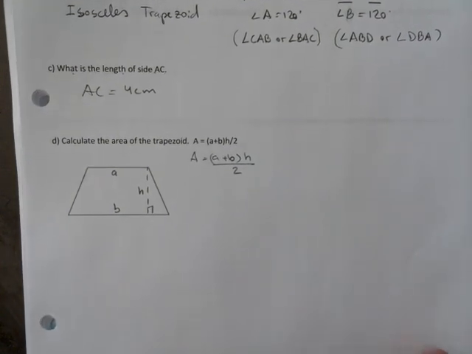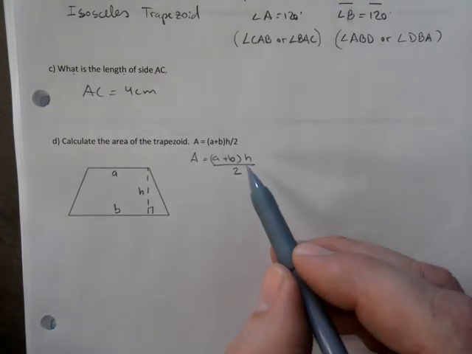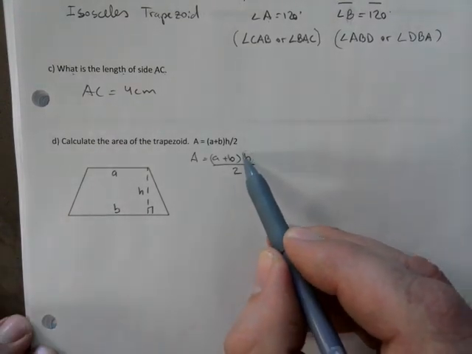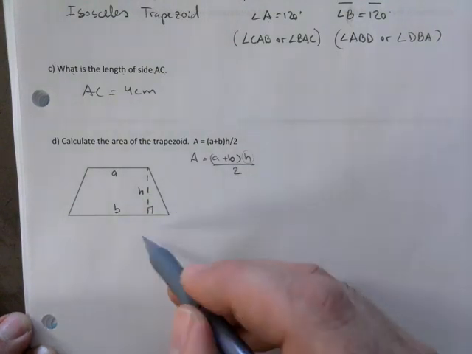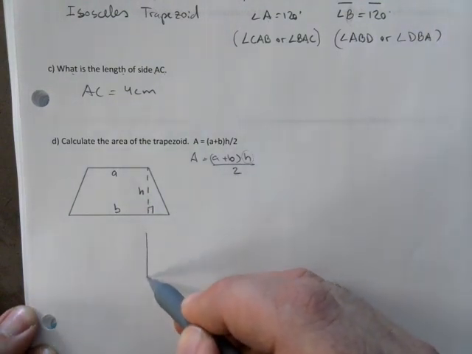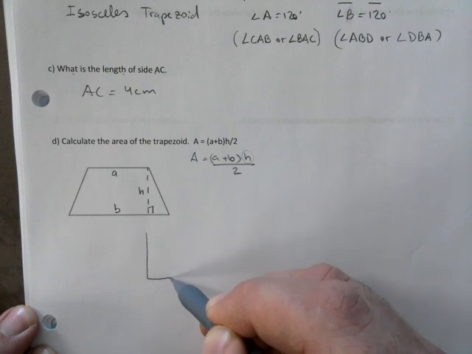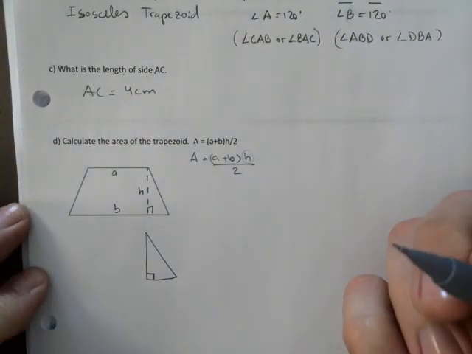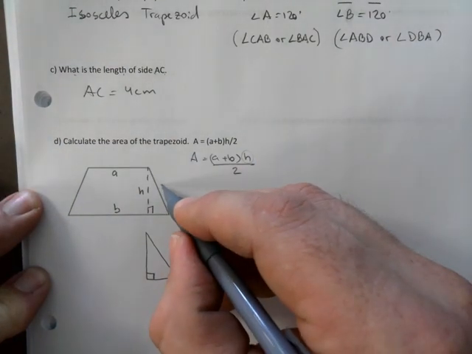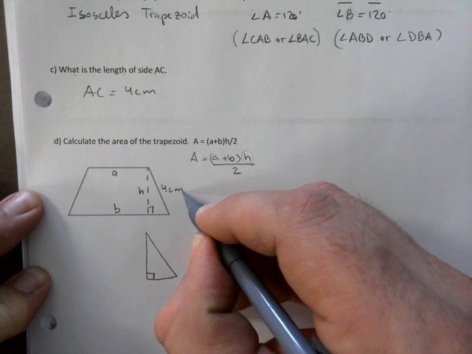Okay. So to find the area, we need the height, which is down across like this. So let's draw that triangle out. What can we transfer from the top? Let's put the 4 centimeters down here.